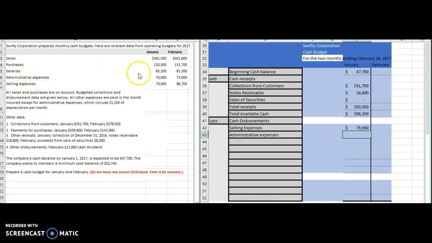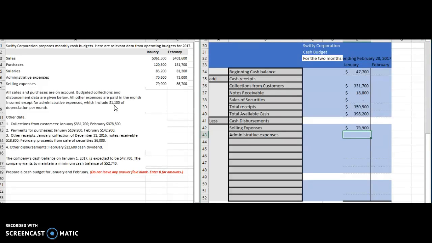I was originally just putting in the $70,600, but after going back through and getting it wrong, the reading reminds me that the problem notes that administrative expenses include this $1,100 of depreciation.